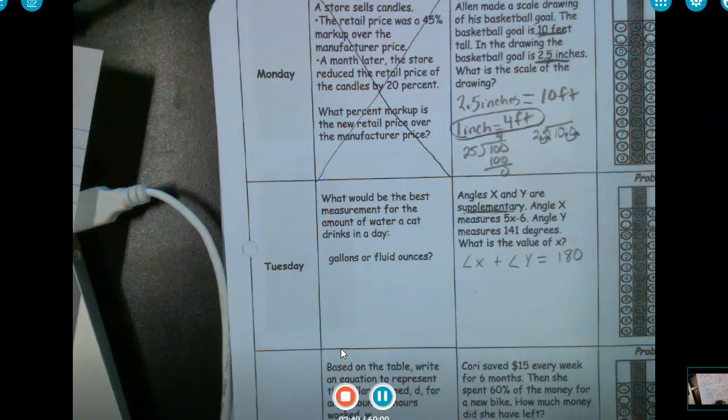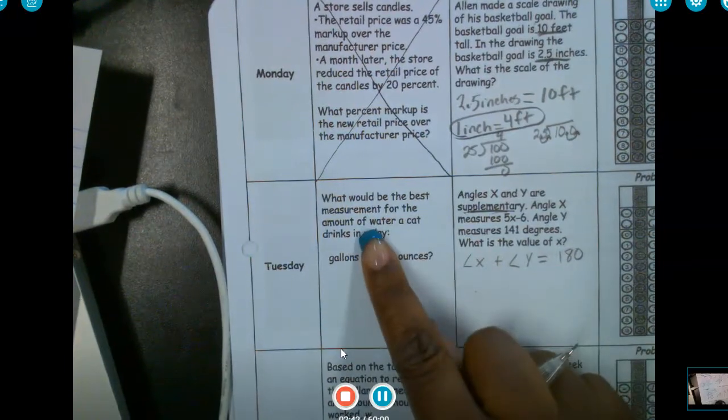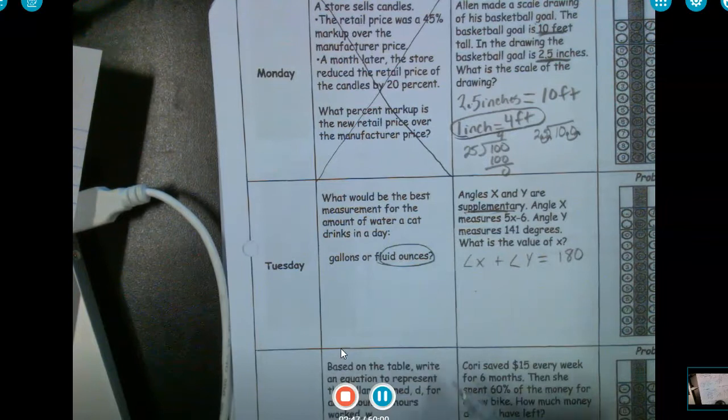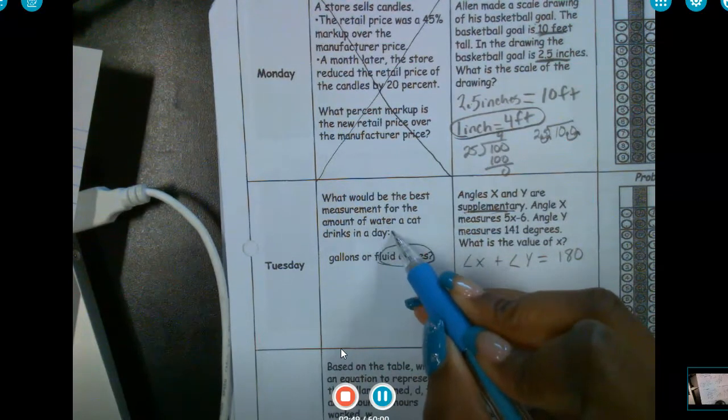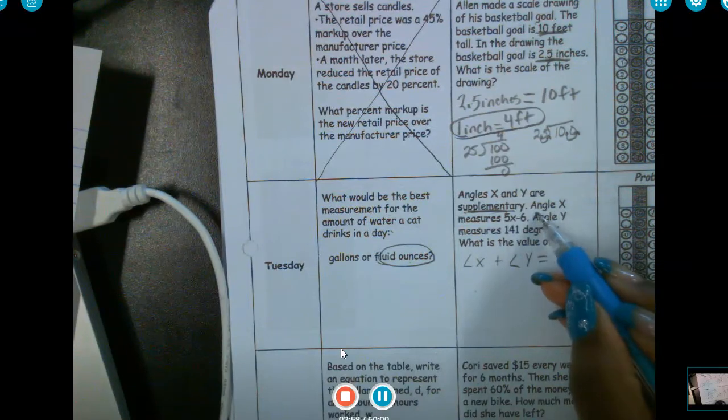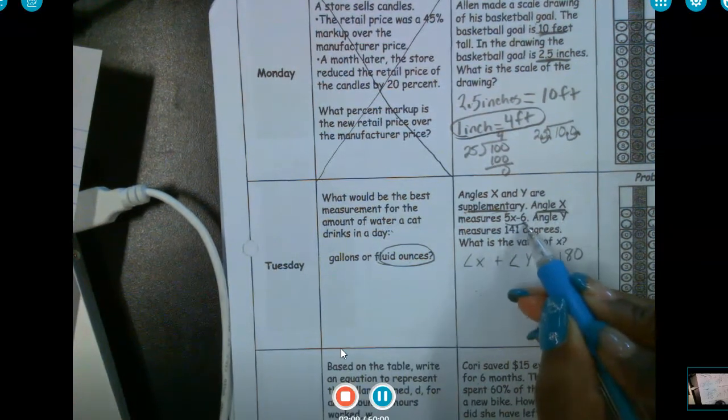All right. So here, this answer is going to be fluid ounces. The best measurement for the amount of water a little bitty old cat can drink is fluid ounces. Okay? All right, here, angle X, this is the measurement for it.